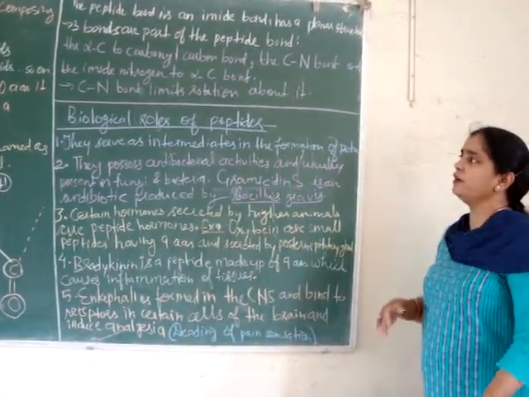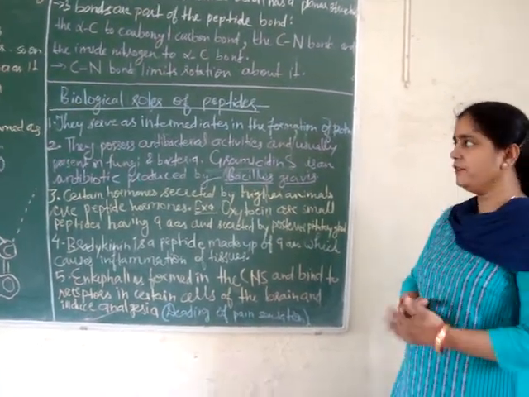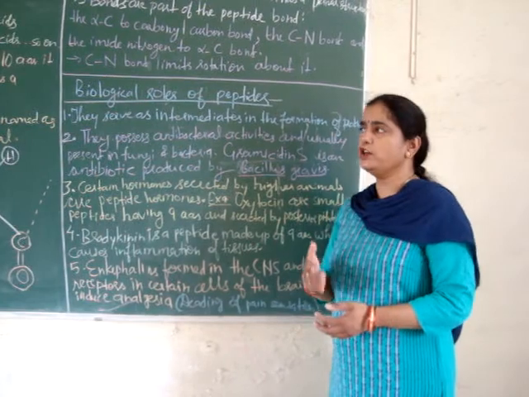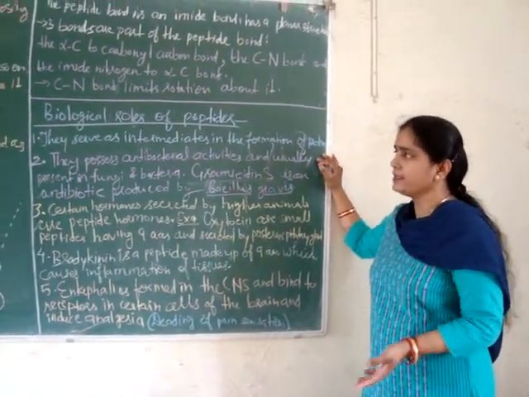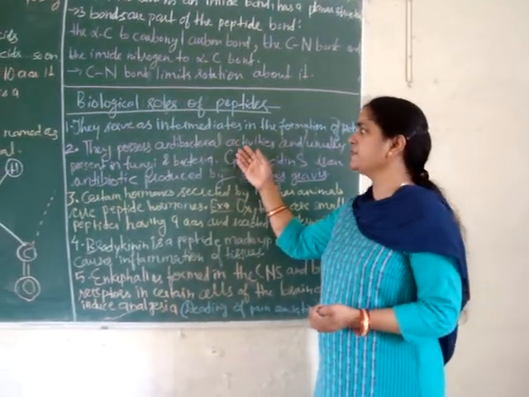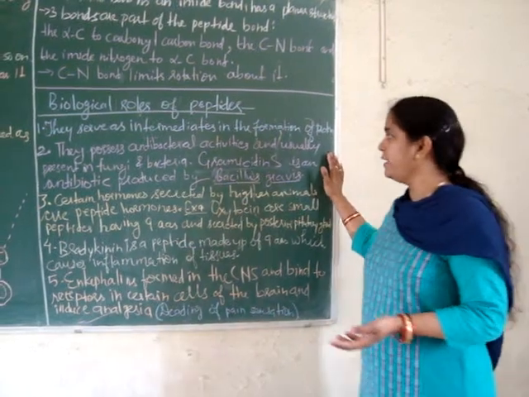Now some of the oligopeptides are of biological importance. First, all the oligopeptides serve as intermediates in the formation of proteins. Second, they possess antibacterial activities and are usually present in fungi and bacteria.